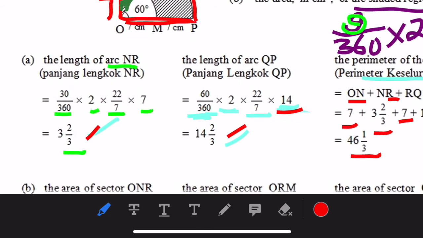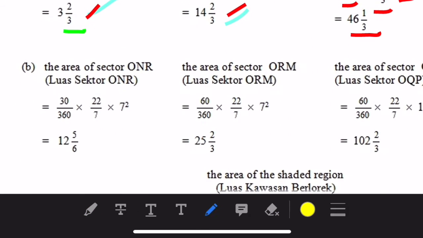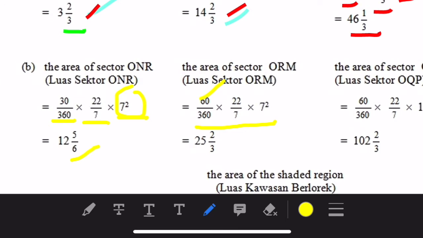Okay, so let's find the sector be 30 degree times with the pi r square. Use the right radius, so answer is 12 5/6. Then area for the small sector inside, okay, 60/360 degree, pi radius is 7, so 25 2/3.